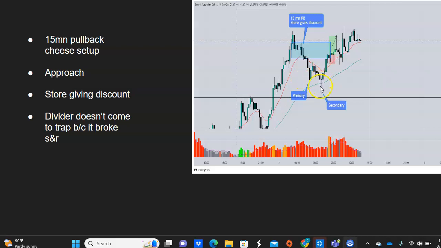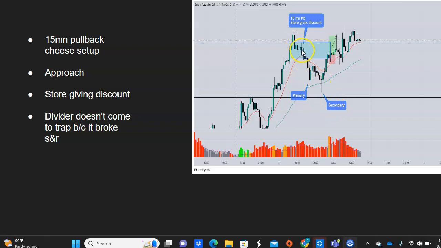But as you can see, all these wicks are the store still trying to find that buyer and testing the waters. And once the buyer realizes that the store is no longer giving a discount, that's where it becomes aggressive and they buy it up. So this is what we call the primary, secondary.